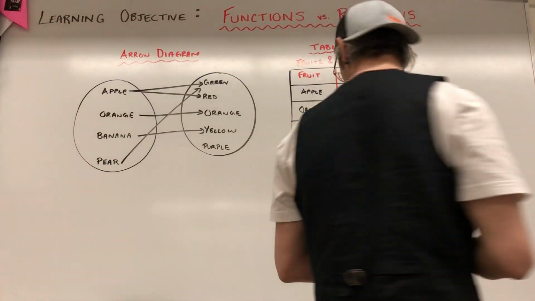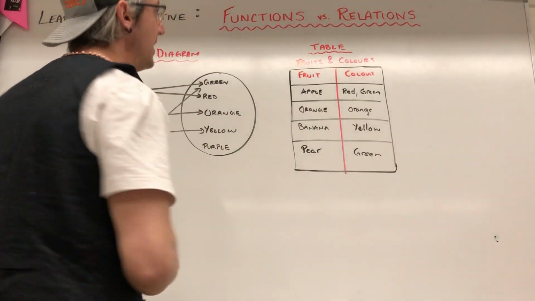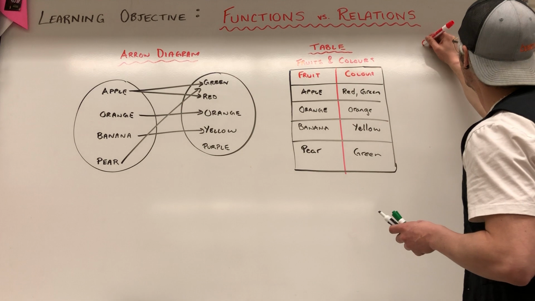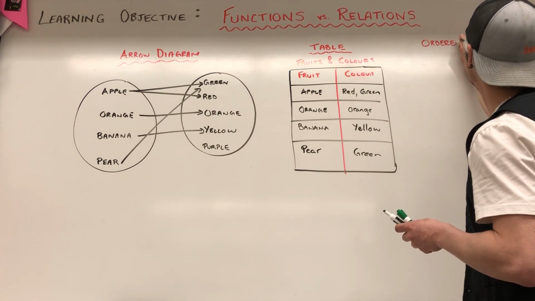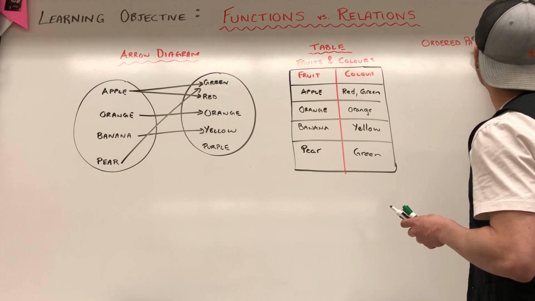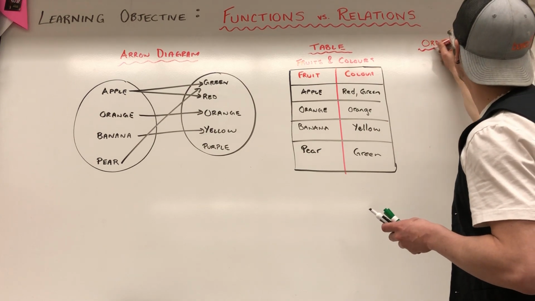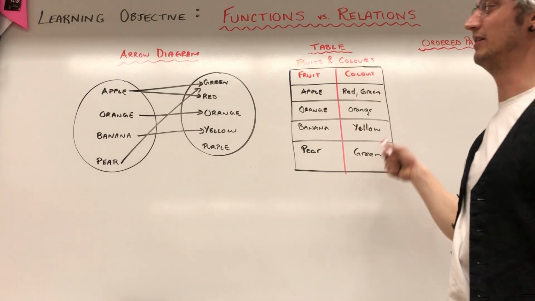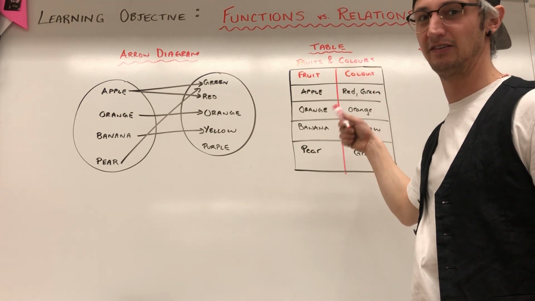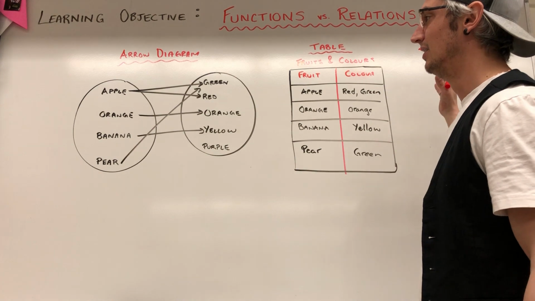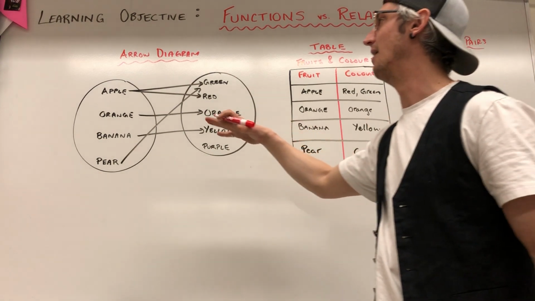Great. And then finally we have ordered pairs. Now ordered pairs is not a very good way of representing data where it's letters or text.